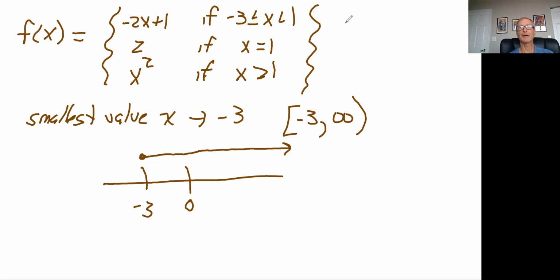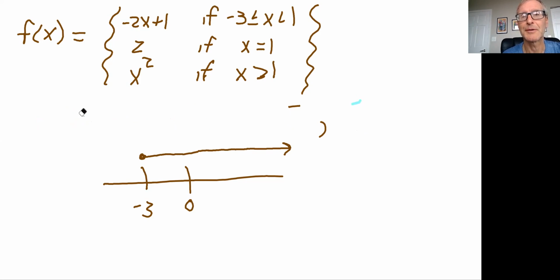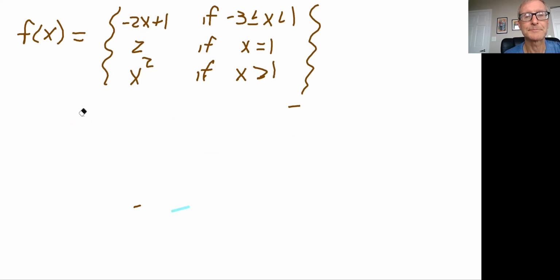So I think the trickiest part of all this is actually graphing it, and let me show you my strategy when I do this. When you graph or sketch a piecewise function, you have to do each piece separately.